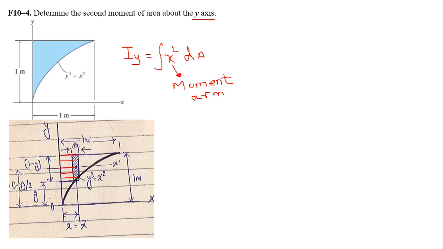Similarly, this value of x will be the same, this value of x will be the same, and this value of x will be the same. So the moment arms measured from the y-axis and along the x-axis all have the same value. When this point is satisfied, then you can use this formula to calculate the second moment of area about the y-axis.